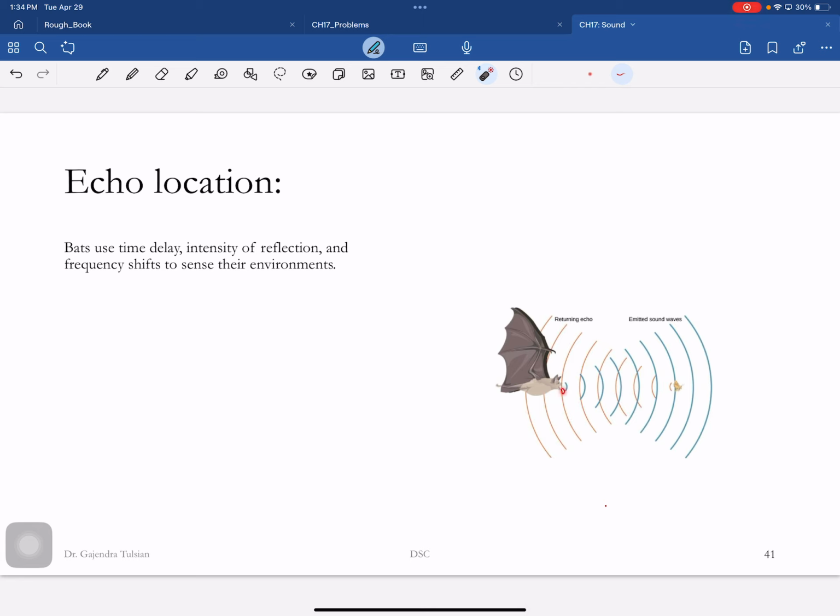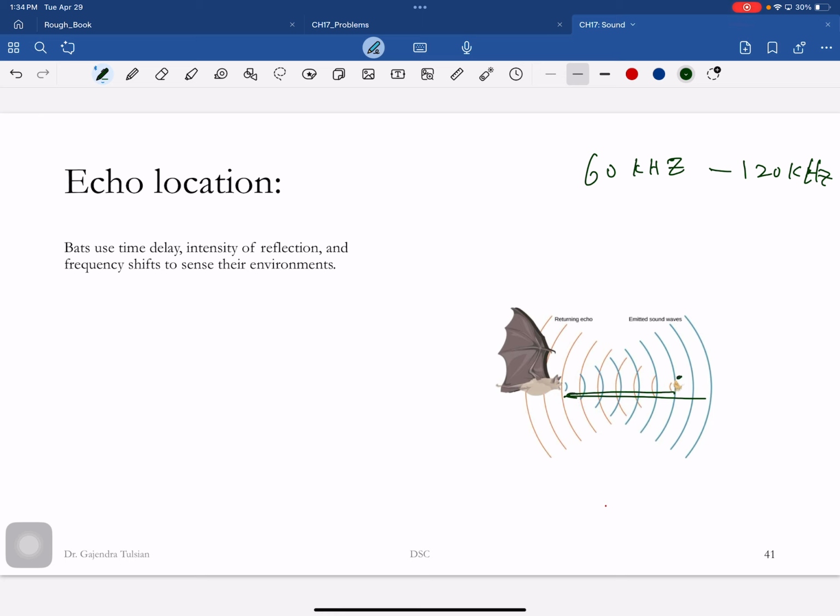All right, so they're sending out ultrasonic waves, meaning frequencies higher than 20,000 hertz. You can look it up. I think that depending on the bat, they range from 60 kilohertz to 120 kilohertz. And we'll come to that in a second. So it'll send out this pulse, and here's the reflected pulse.